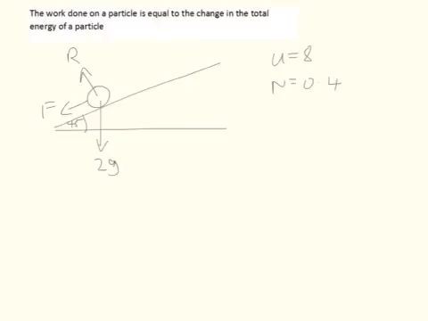So using the work-energy principle, what we need to do is to find the change in the total energy of the particle first of all. So as the particle moves up the slope, it loses kinetic energy because it's slowing down, but it gains potential energy.